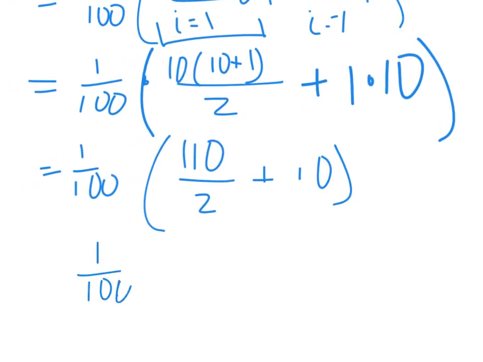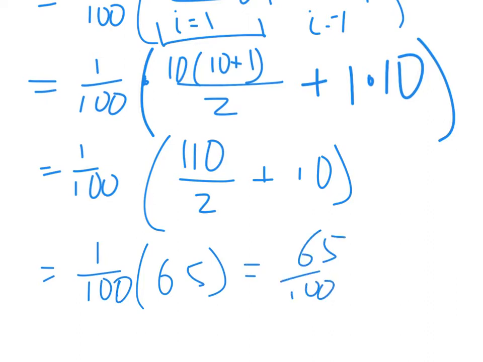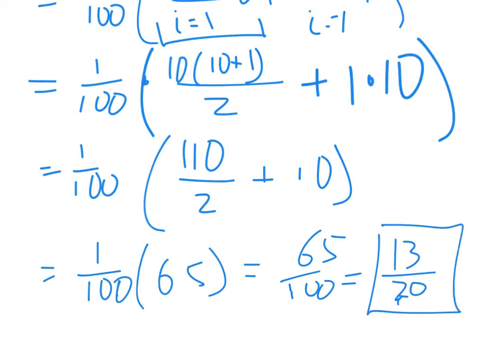This is 55 plus 10 is 65, right? And we got a fraction, 65 hundredths. Divide by 5, I think that's 13 twentieths, something like that. Okay, there it is. So if we add up those terms, we're going to get some interesting fraction there.